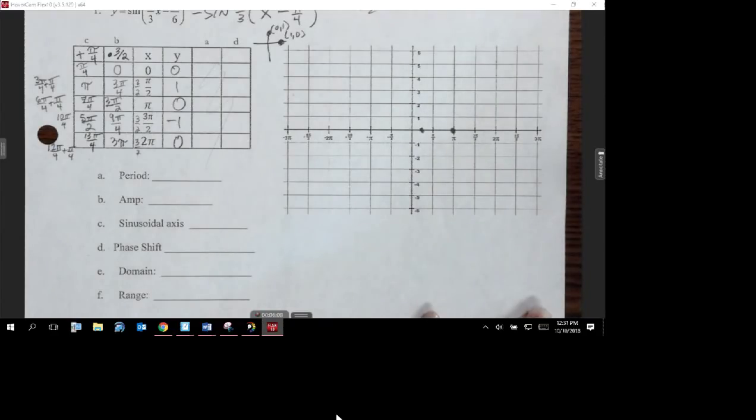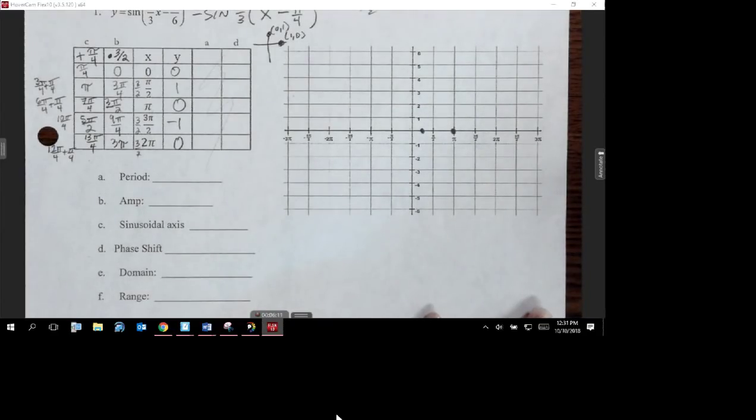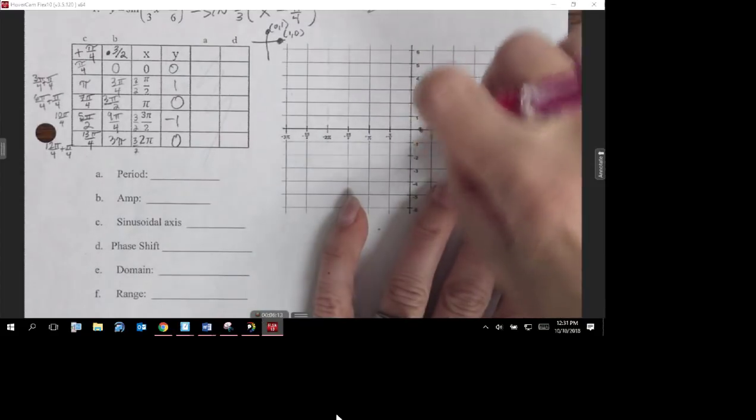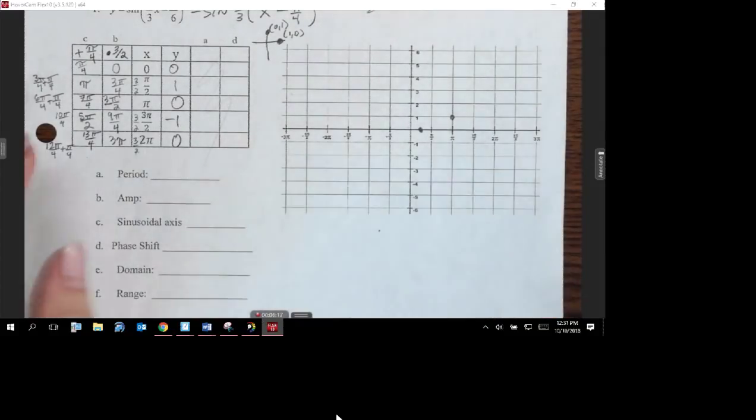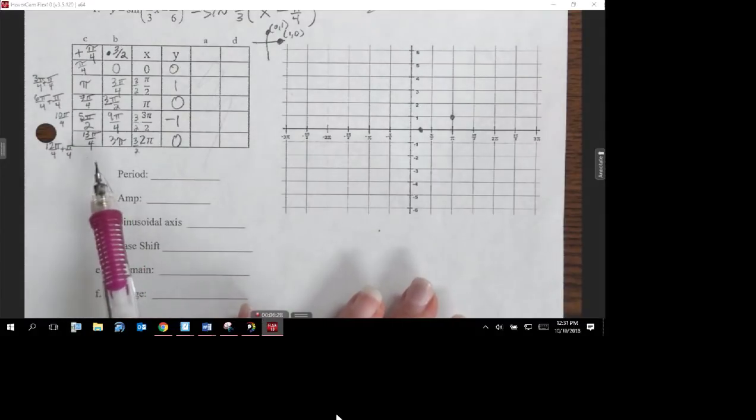1. Oh no, 7 pi over 4 is not on the graph. Oops, I didn't go to 1 either. 1. Okay, and then, oh no, 7 pi over 4 is not on the graph. So what I would suggest is, there's a few ways to do this. All of the x's are always spaced evenly.